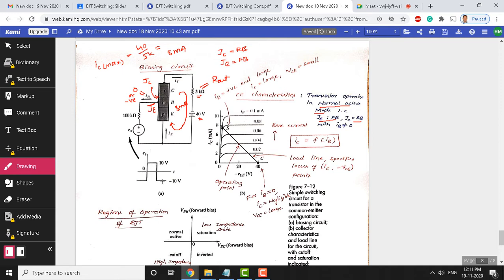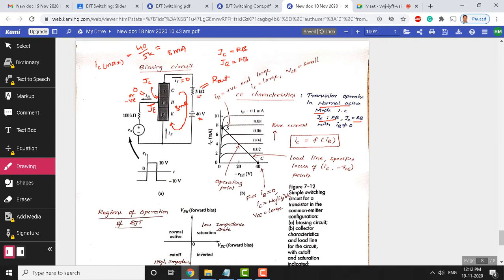Now consider that we are analyzing the negative pulse, the negative voltage here. Negative voltage results in negative base current, so you don't expect any collector current here. Collector current also becomes 0 when there is no base current. When there is no collector current, there is no drop across this 5 kilo ohm output resistance.